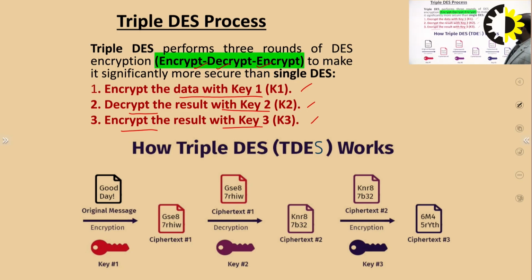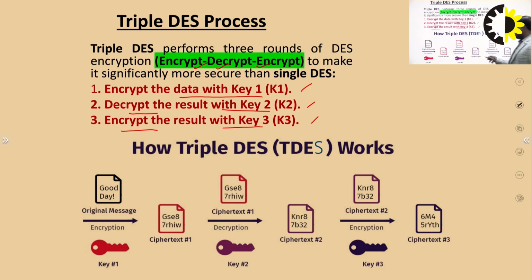So we can say the working of 3DES is represented here. The original message is good day, and key 1 is applied and encryption is performed, then ciphertext 1 is obtained. Then ciphertext 1 goes on to another stage and key 2 is applied on this ciphertext 1, then ciphertext 2 is obtained.